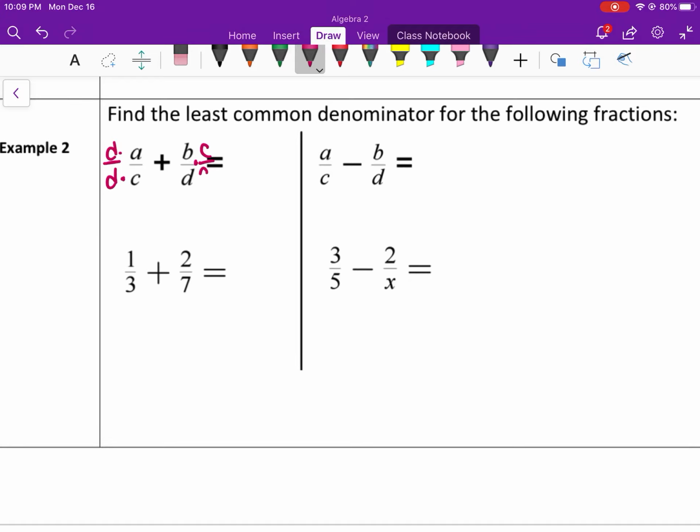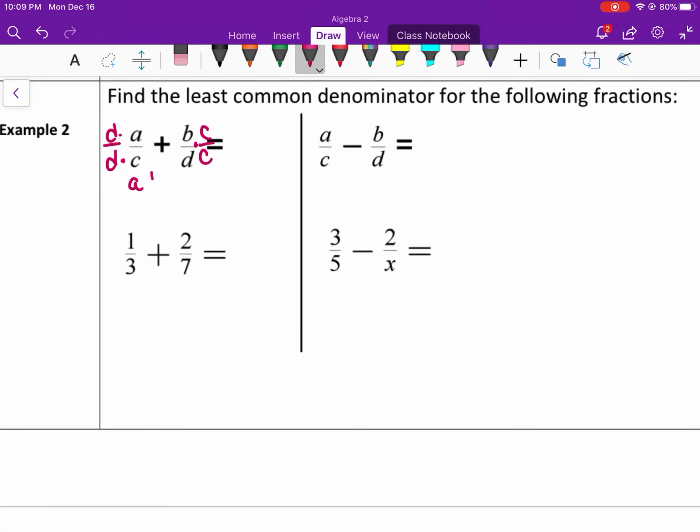And then I'm multiplying this fraction by c over c, again multiplying by 1. So then I'll get AD over DC plus BC over DC. Now they have common denominators. So then it's AD plus BC over DC.